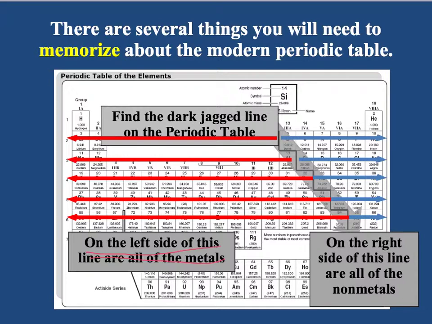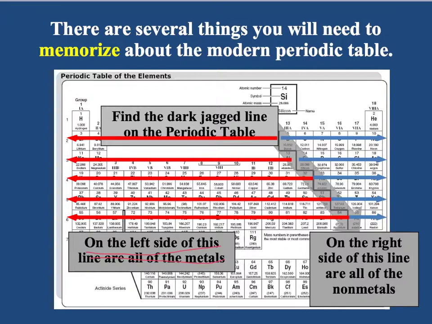So where these red arrows are here, all of those are metals. Metals are found to the left of the jagged line. Which means that on the right-hand side, these blue lines here represent where the non-metals are found.